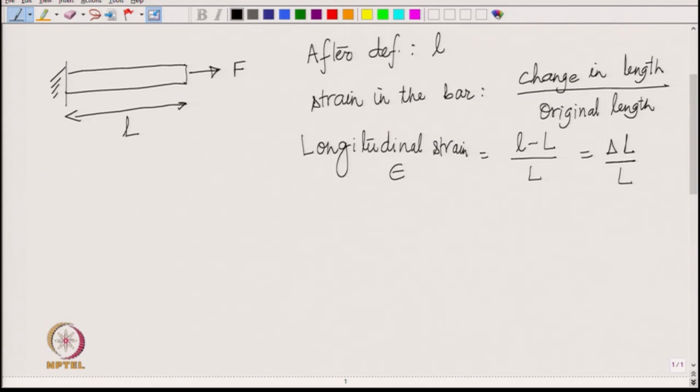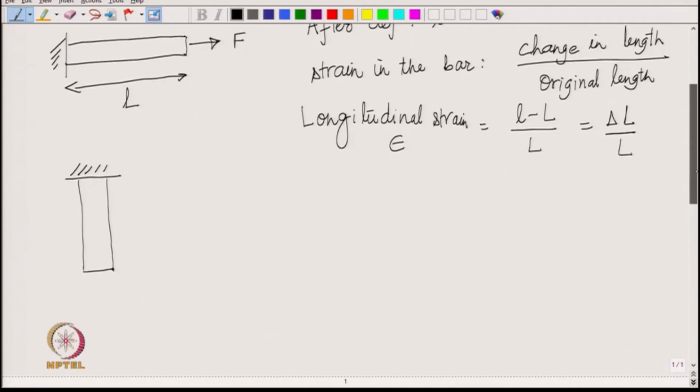You know, think of another example. Let us say we have a hanging bar, which is hanging and the weight of the bar is also there. Okay. So, in this case, if you measure strain by tracking the change in length of, let us say, line elements at two locations, one is at the point where it is clamped close to it, and the other is at the other end.